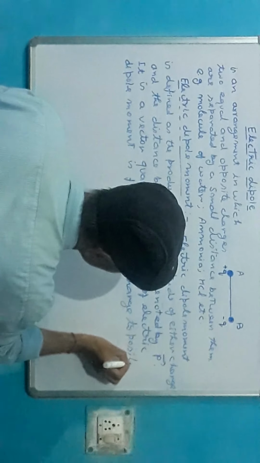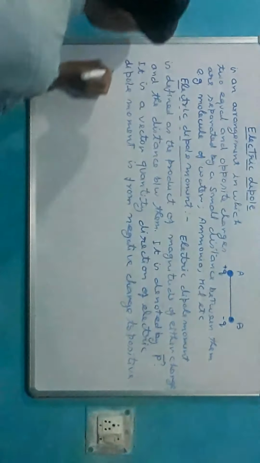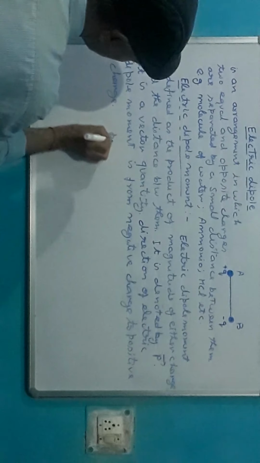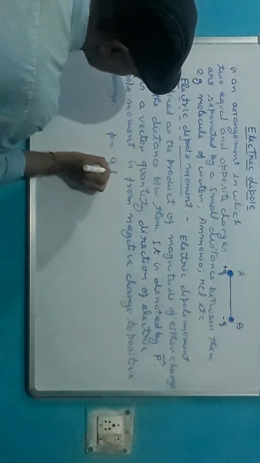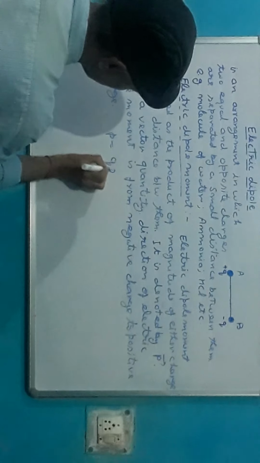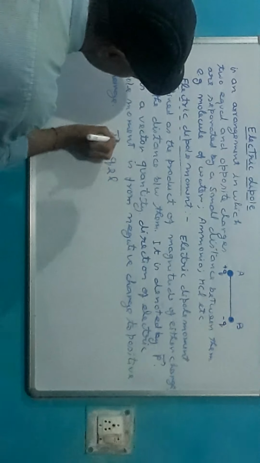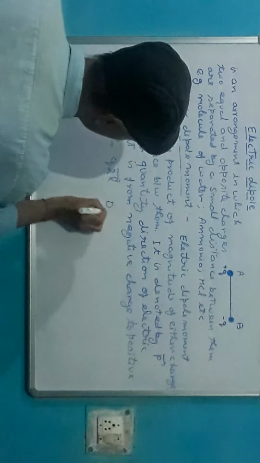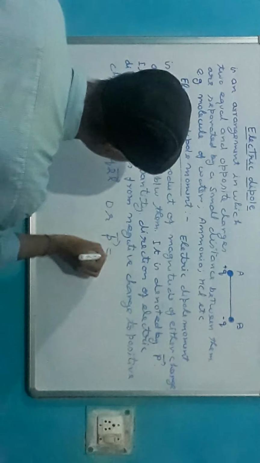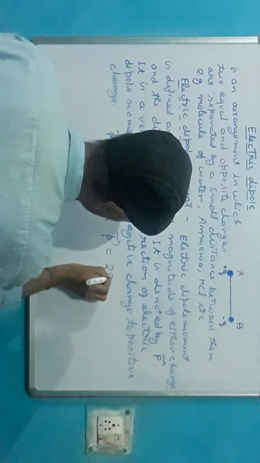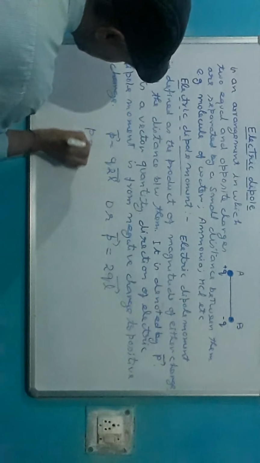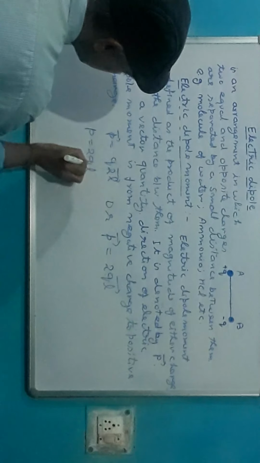I can write the formula as q into 2l. Like this you can write the magnitude; in vector form you can write this one. Electric dipole moment p is equal to 2ql, and the magnitude comes out to be 2ql.